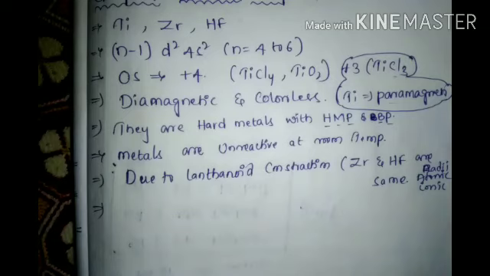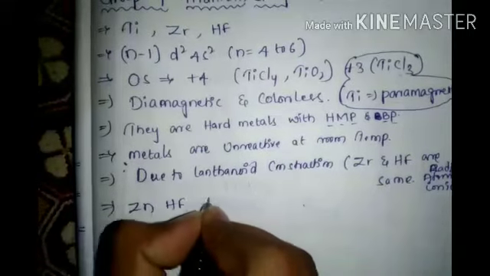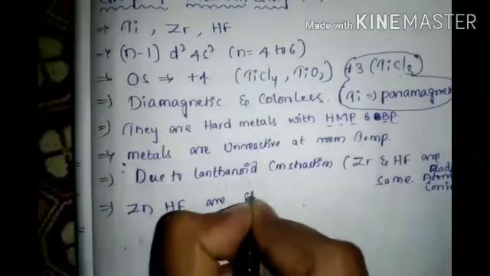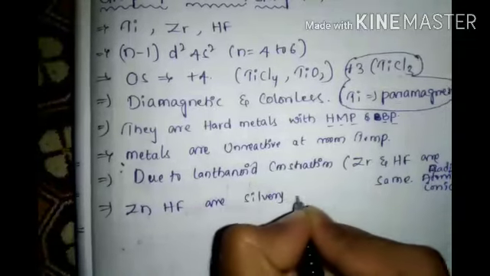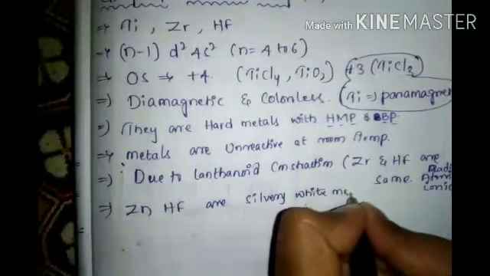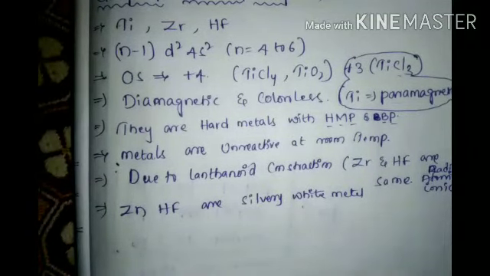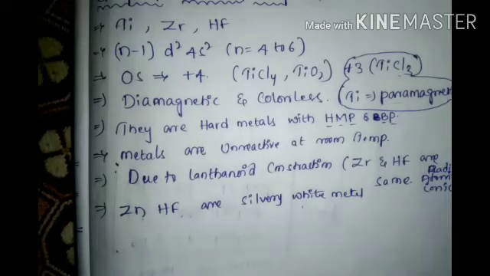Zirconium and hafnium are silvery white metals. Silvery white metal, and they are available together as a mineral.